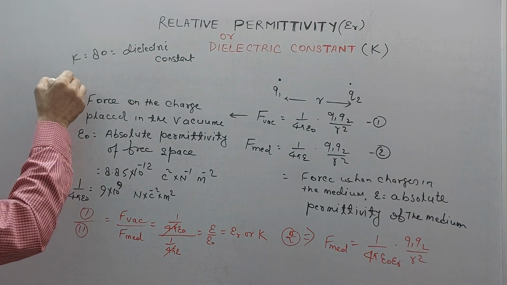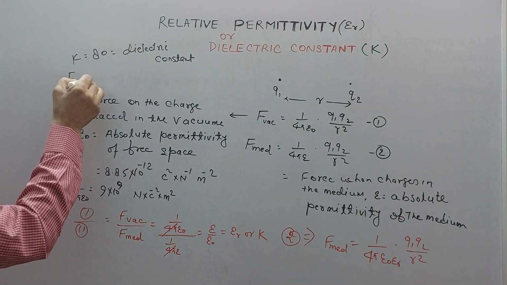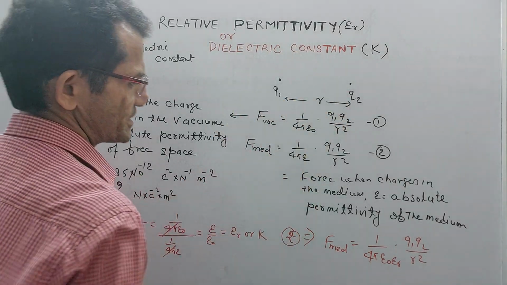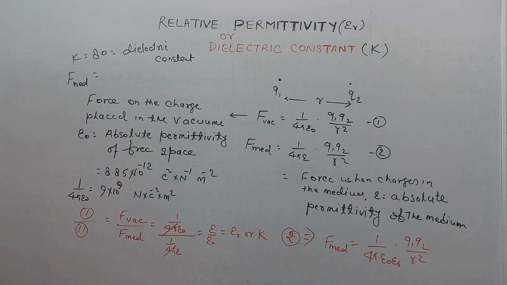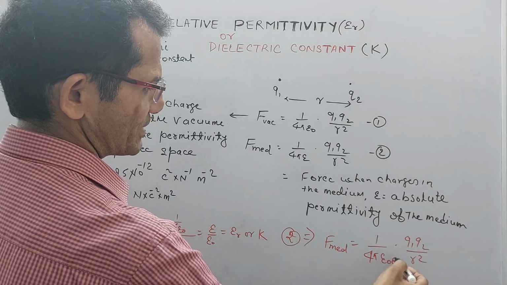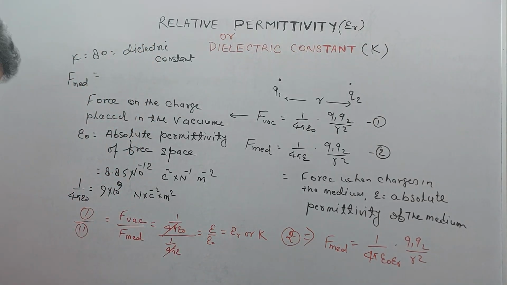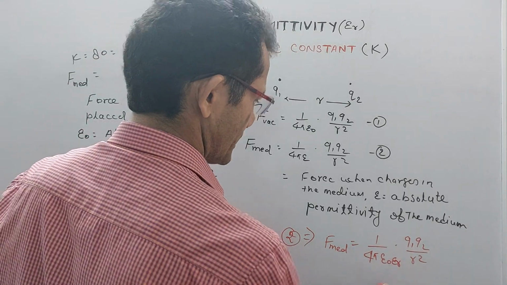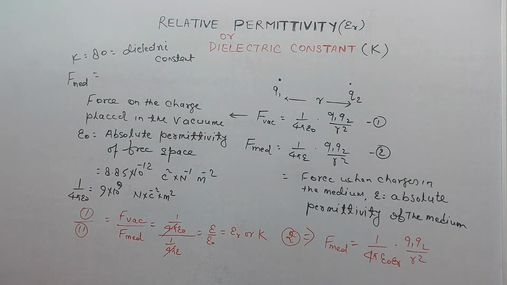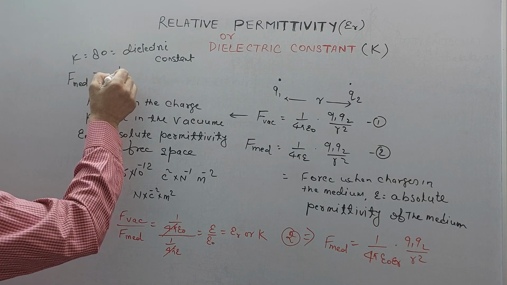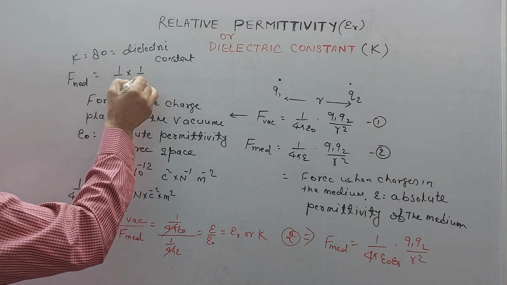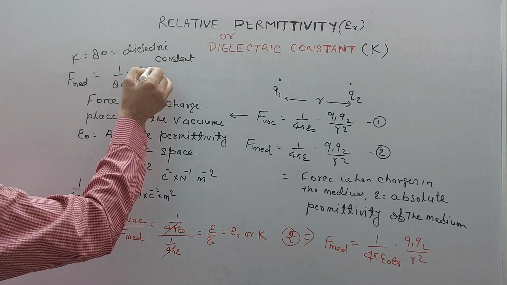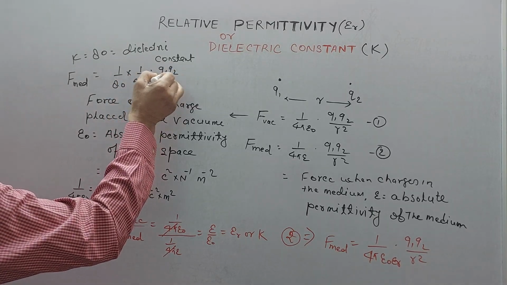So consider the force between these two charges when placed in air compared to when placed in water. Our epsilon r is replaced by 80, so our force is greatly reduced. It comes out 1 upon 80 times of 1 upon 4 pi epsilon naught, product of the charges divided by r square.